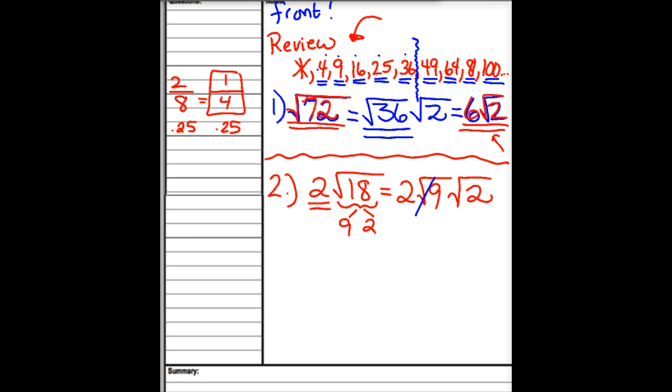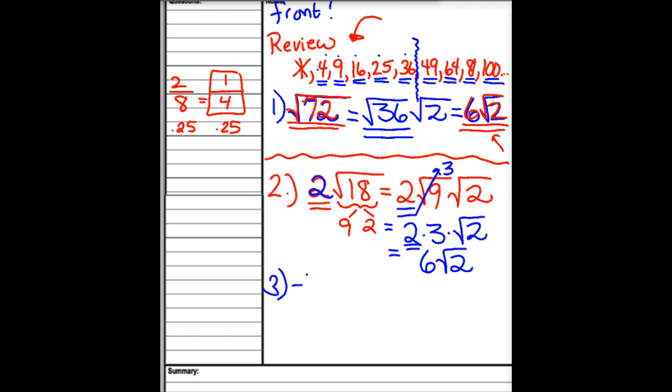The square root of 9 is 3. So now I've got the 2 from the beginning, the 3 from root 9, and root 2, which nobody knows. So my answer becomes 6 times the square root of 2. Really, the only thing putting a number out front does is make my answer a little bigger. I just need to keep hanging around until I'm done.